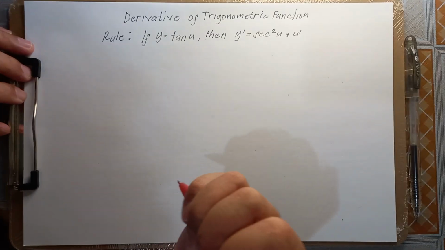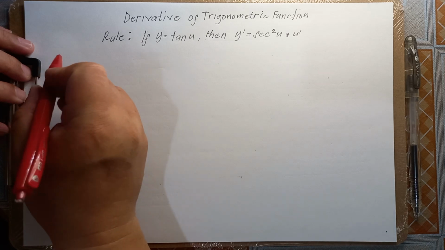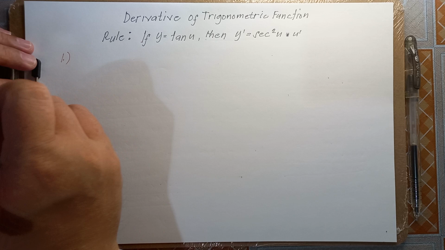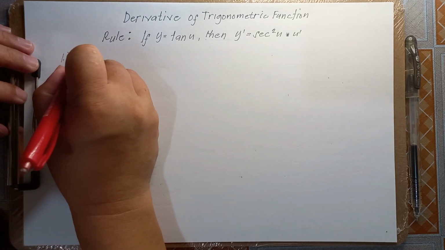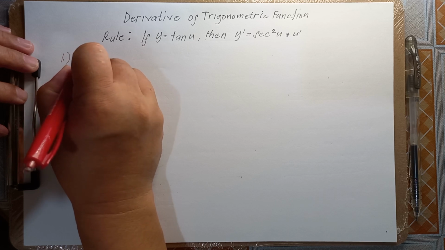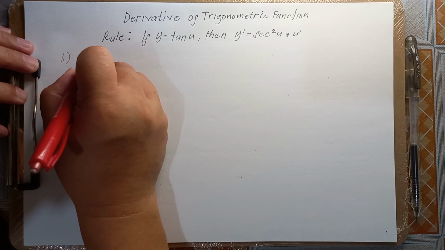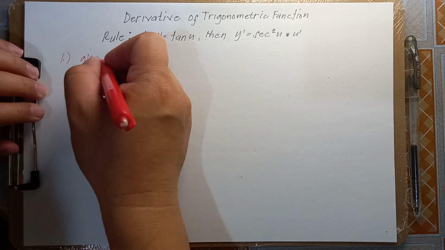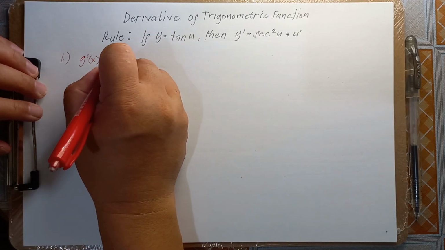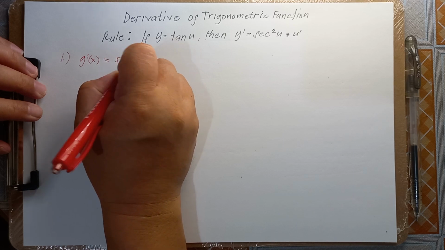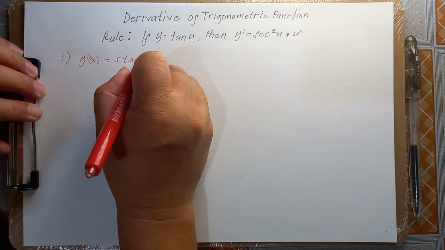And so, to illustrate this, let's consider this problem. Our problem here is g prime of x is defined to be 5 tangent 3x.